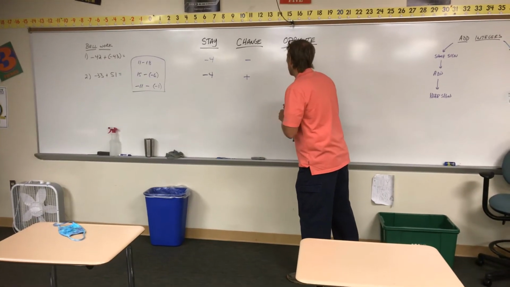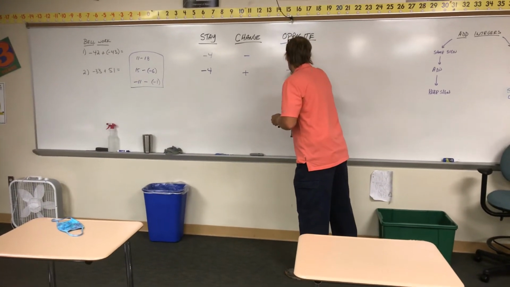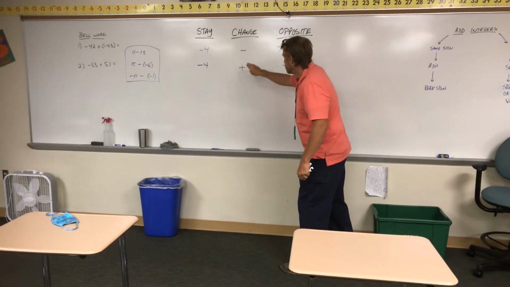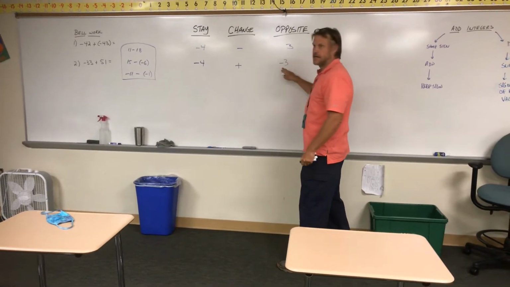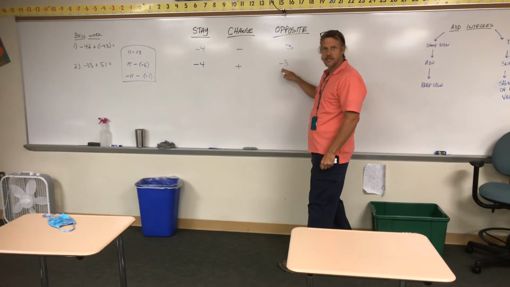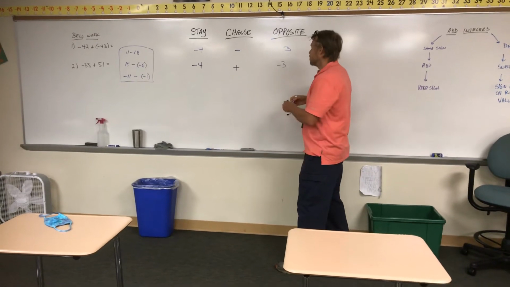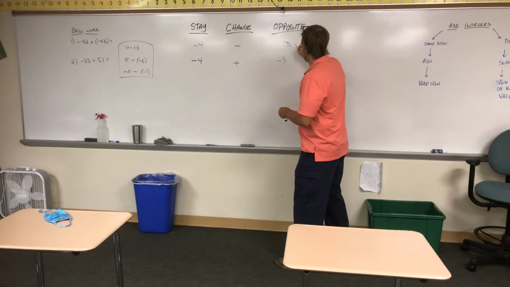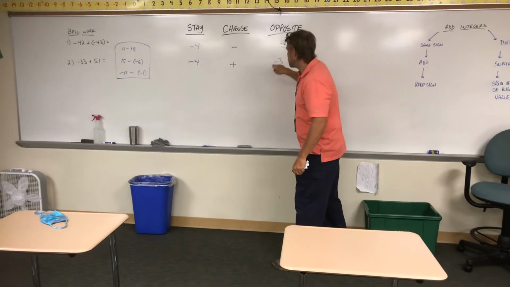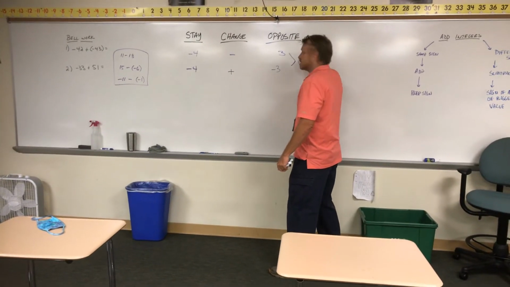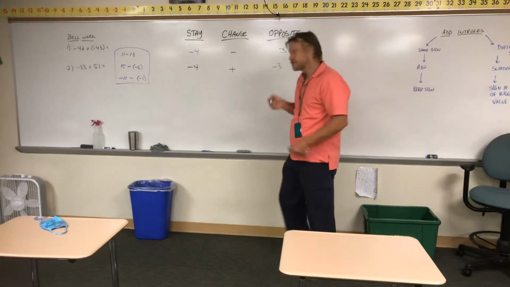So -4 minus 3 is the same thing as -4 plus -3. And now you're right back to what you did in class the last 2 days. Same signs add. So the answer is -7. Okay, there's your first one.